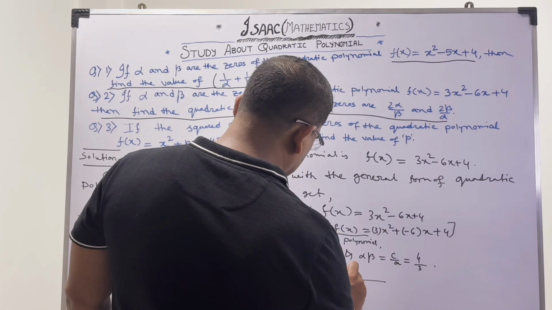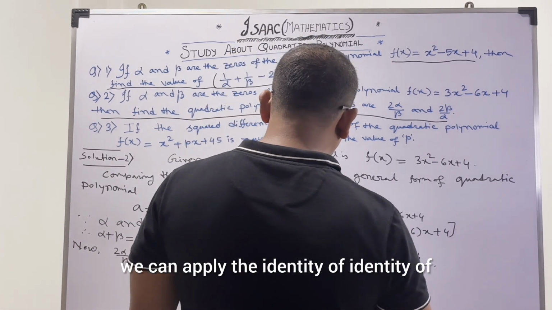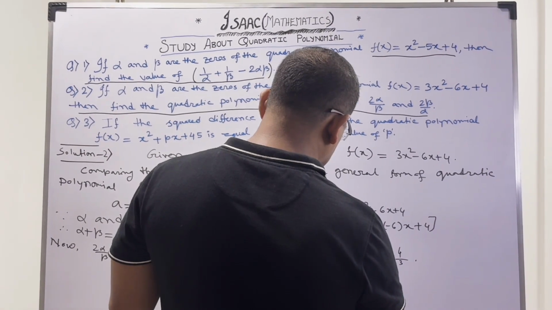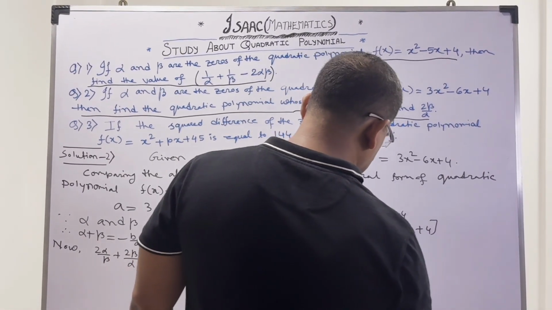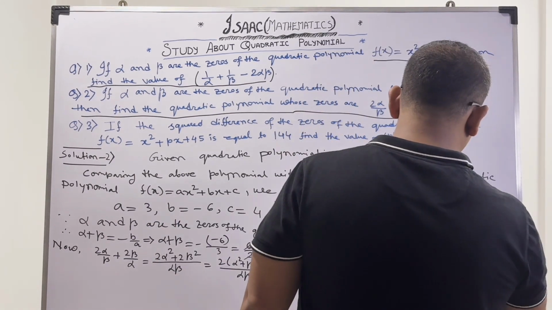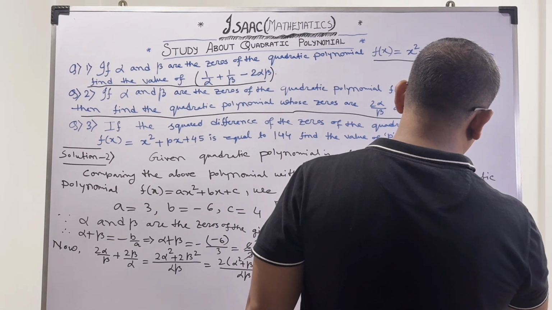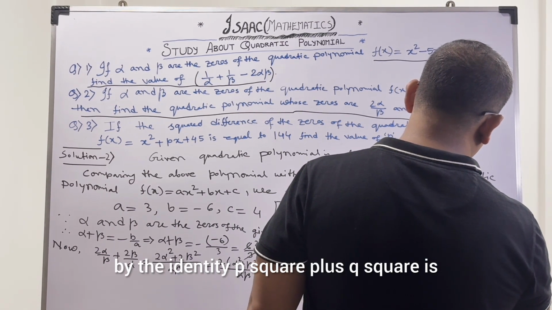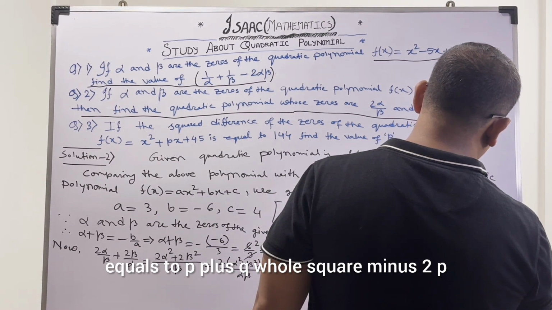Now we can apply the identity of a square plus b square. By the identity, p square plus q square is equal to p plus q whole square minus 2pq.